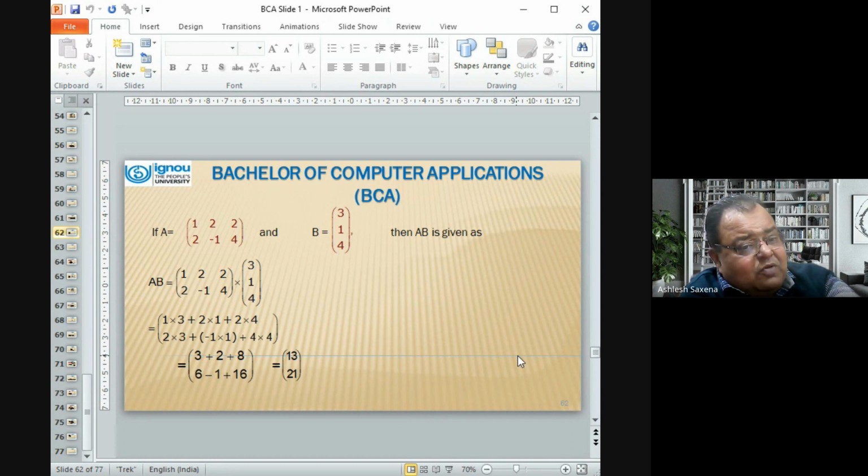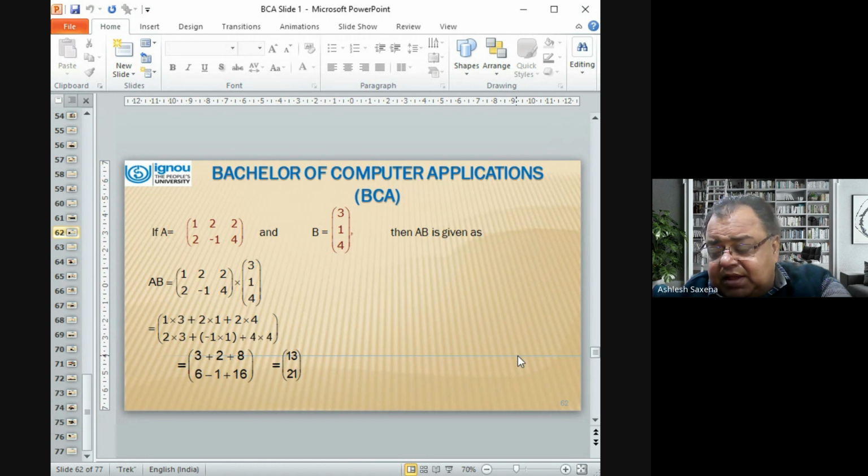And your second row will be 2 into 3 plus minus 1 into 1 plus 4 into 4. That means this will come out to be 13 and 21. That means there are 2 rows and 1 column. This is how multiplication is done.